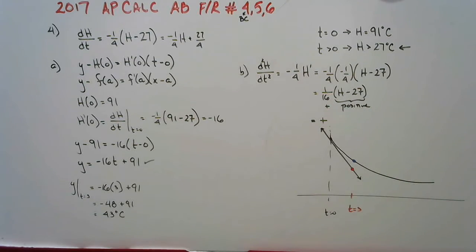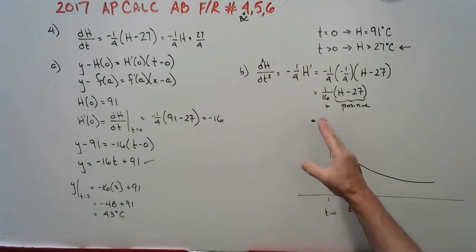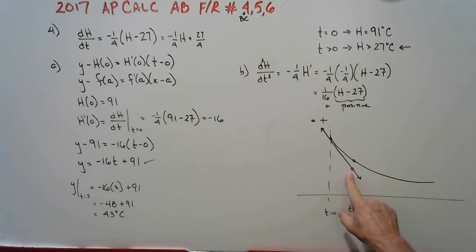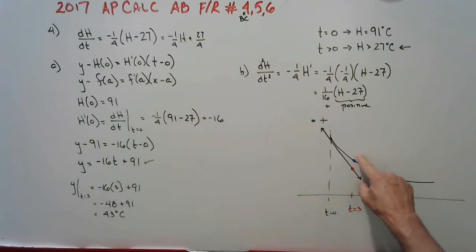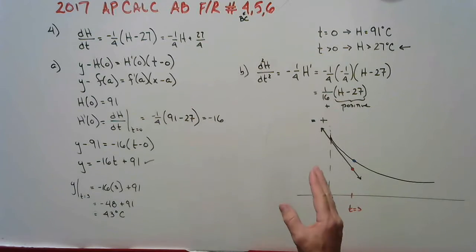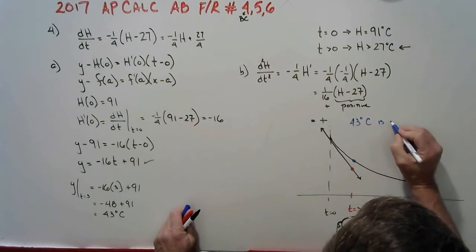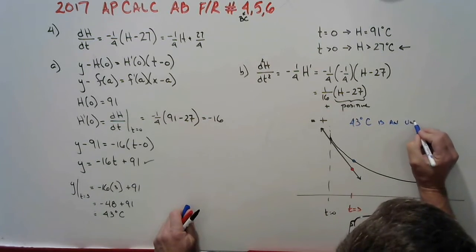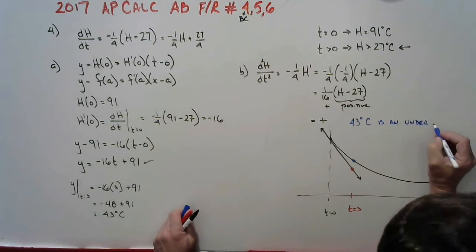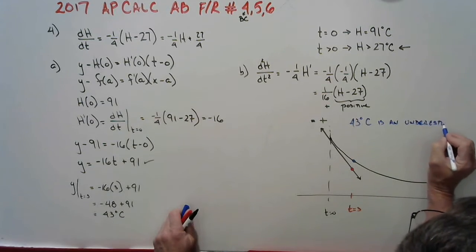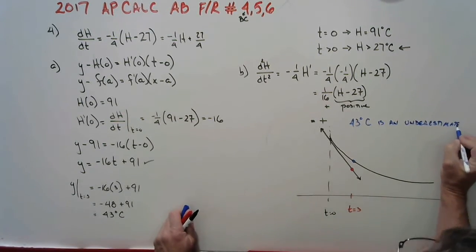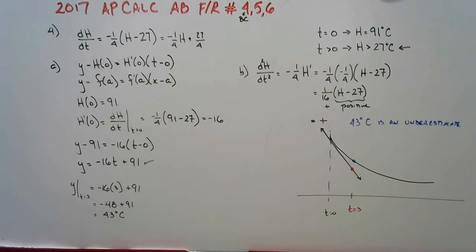Well, you can see because we're concave up, our estimated tangent line value is lower than our value on the curve, so our value is an underestimate. 43 degrees Celsius is an underestimate. Okay, an underestimate.